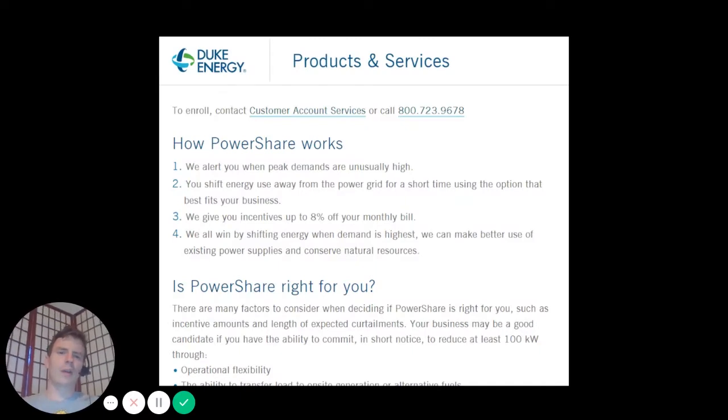Duke Energy has programs like this that cater to both residential and commercial customers. It allows them to volunteer to have Duke curb their electricity consumption during certain periods of the year, and the reward is some sort of incentive, some percentage off your monthly bill.